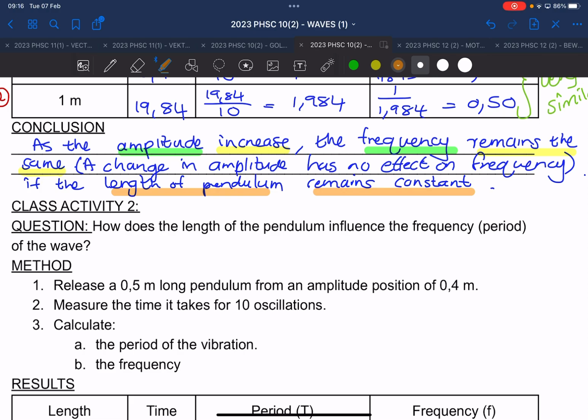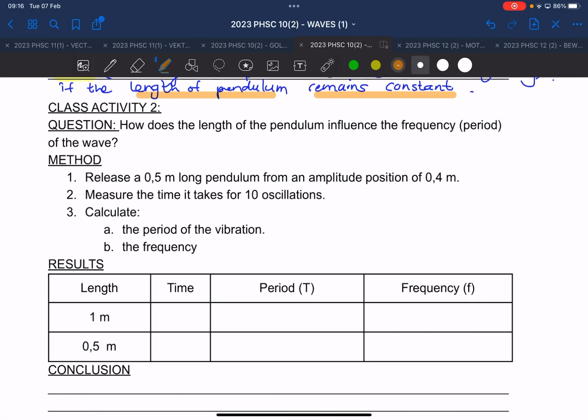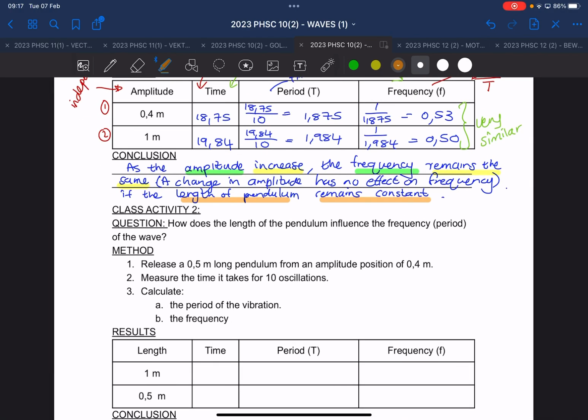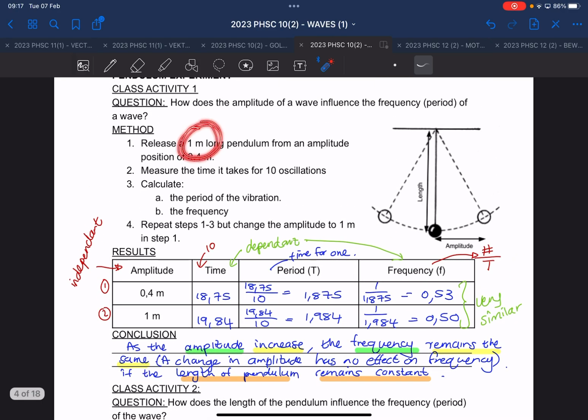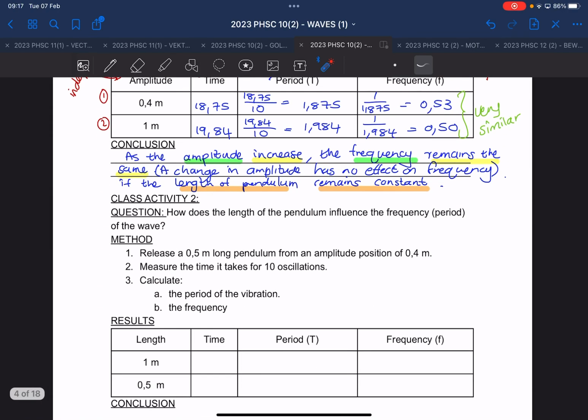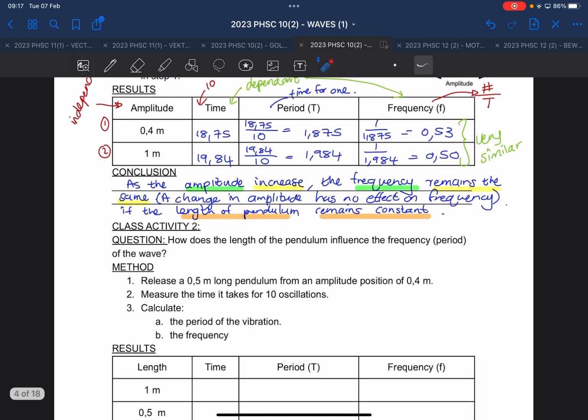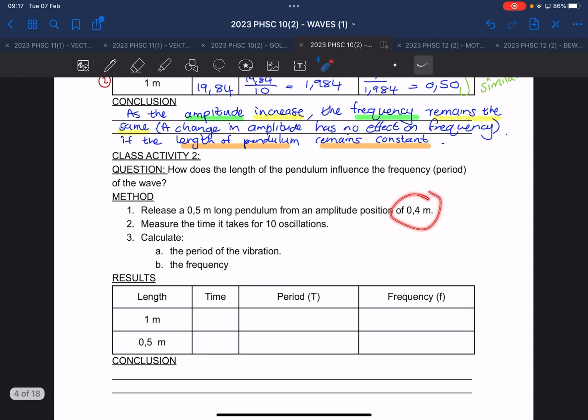Now we're going to do another activity. It says there, class activity 2, how does the length of the pendulum influence the frequency or the period of the wave? Okay, so now we already did with a length of 1 meter and an amplitude of 0.4 meters.